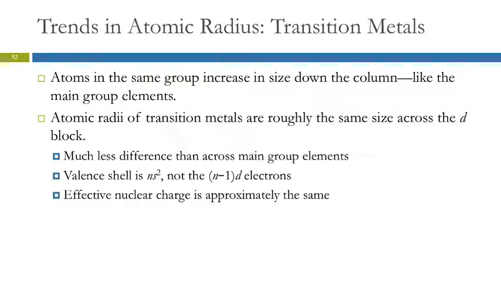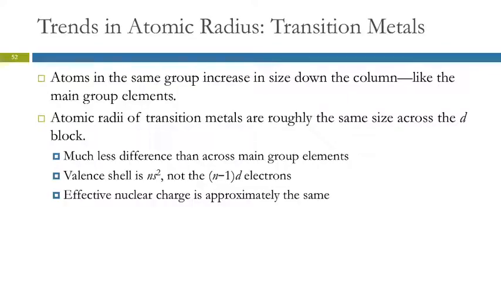The reason is that the valence shell is ns2. As we're filling in those d block electrons, those are not valence electrons. The s electrons are. So all of these have mostly the same number of valence electrons, and we're not adding valence electrons, we're adding core electrons as we add protons, so the effective nuclear charge is not changing.